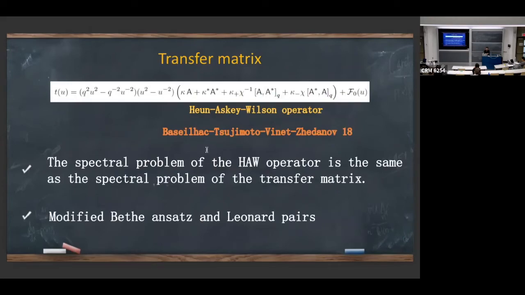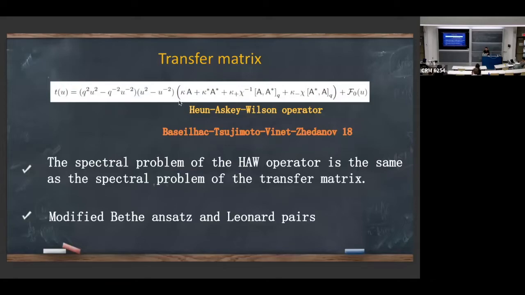Here's the explicit expression in terms of A star, and the Q commutators of A and A star. This operator between brackets here is called the Heun-Askey-Wilson operator, which was introduced by Baseilhac, Tsujimoto, Vinet, and Zhedanov a couple of years ago.